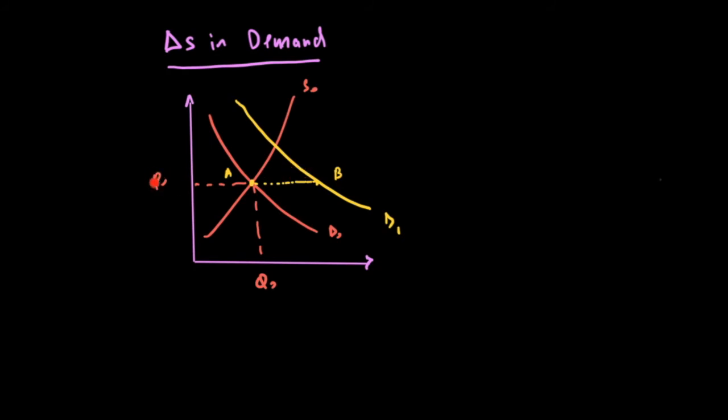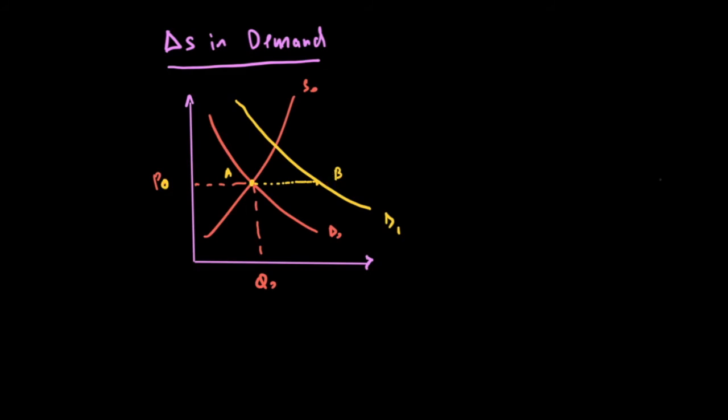Then at the existing price, suddenly quantity demanded will be more than quantity supplied, and therefore P naught, which was previously an equilibrium price, is no longer an equilibrium price because there is what we call demand exceeding supply, or a shortage taking place.